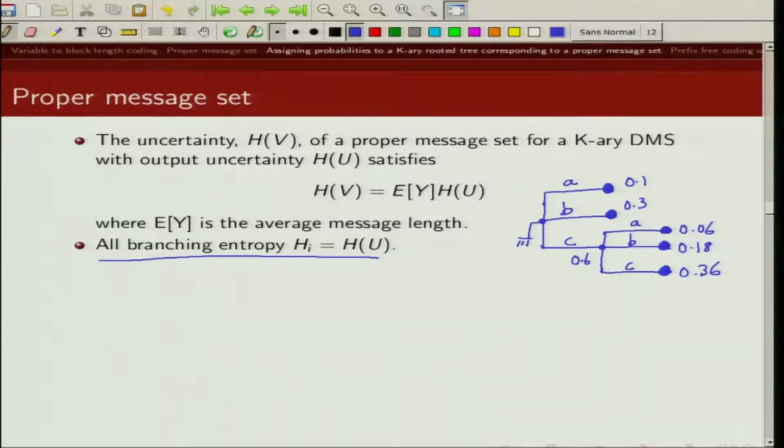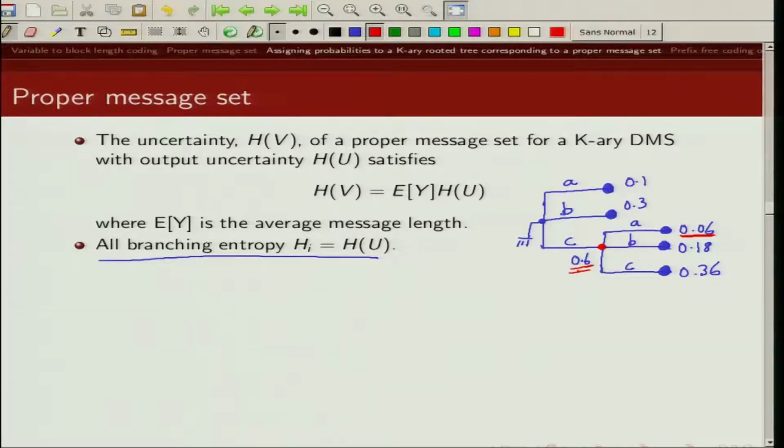Right. Now, look at the branching probability. Let's look at this particular node at C. If I ask you to compute the branching probability, what is it? That is this probability divided by the probability of the node.